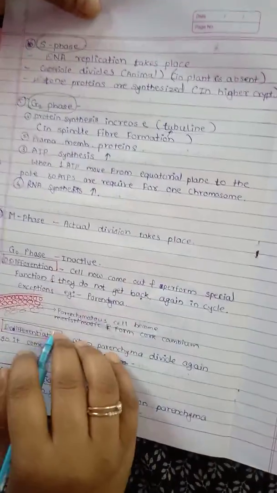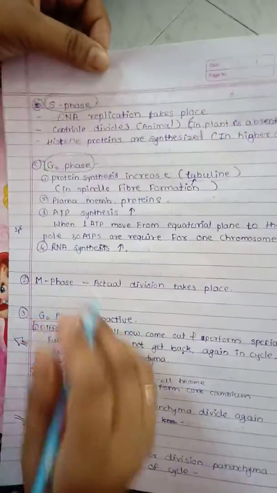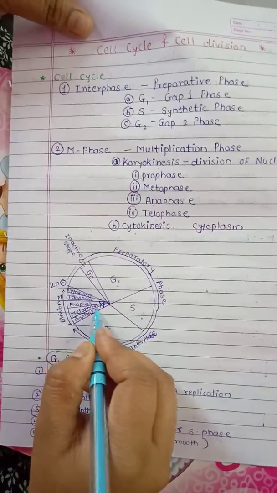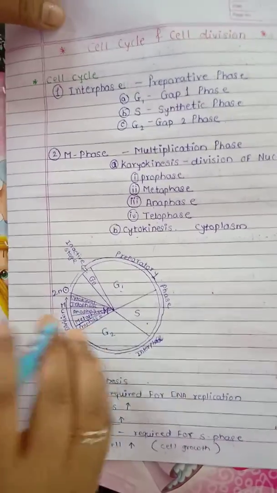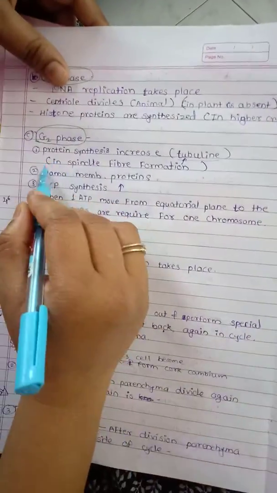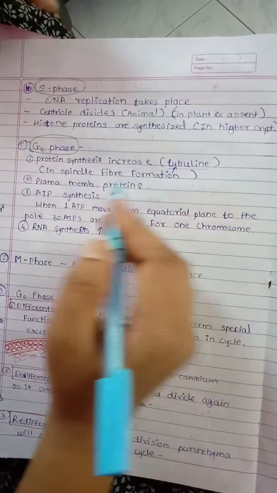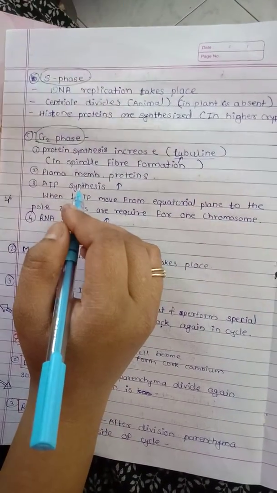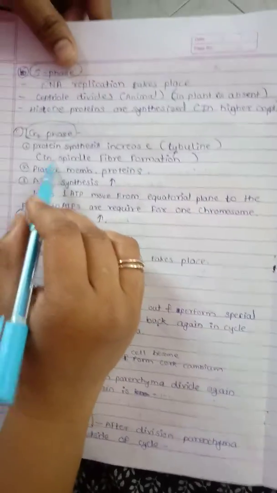The spindle fibers are formed in M phase, at the stage of metaphase. For that, tubulin protein is required, and this tubulin protein synthesis is increased in G2 phase.